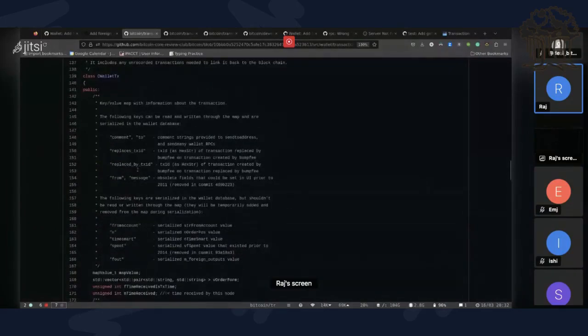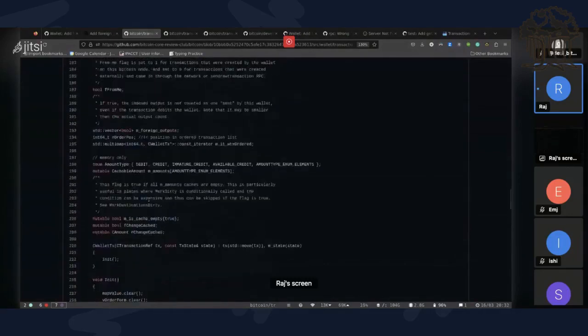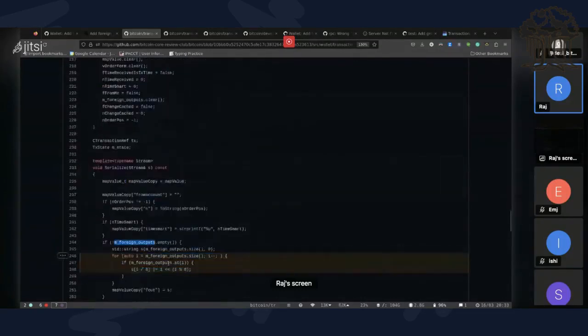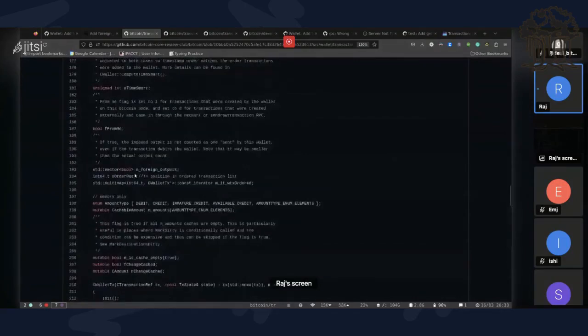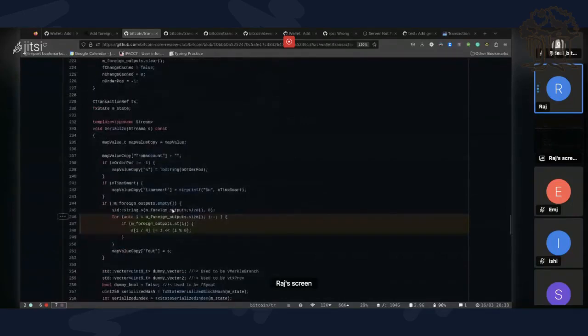The wallet is basically a store of lots of CWalletTx, and CWalletTx is transaction data attached with metadata that stores our wallet-related transaction information, which contains a field called m_foreign_outputs. We saw this m_foreign_outputs, which is this vector of bool, a map of all the inputs which are not ours. And this happens in the serialization of that vector.